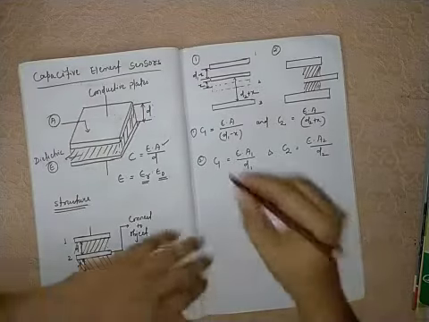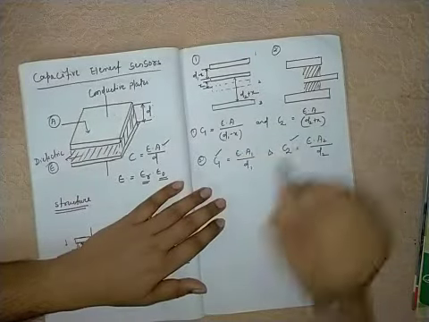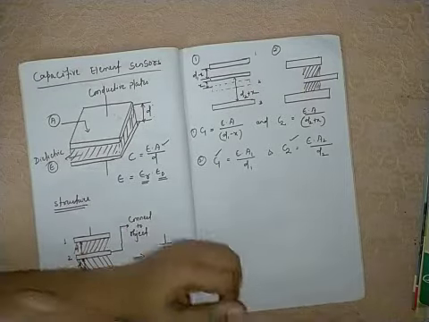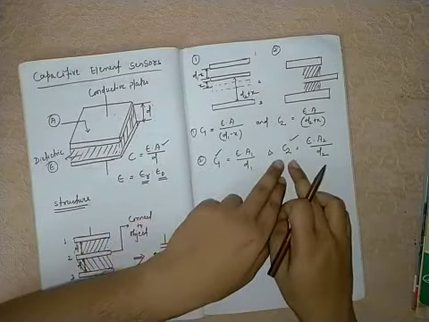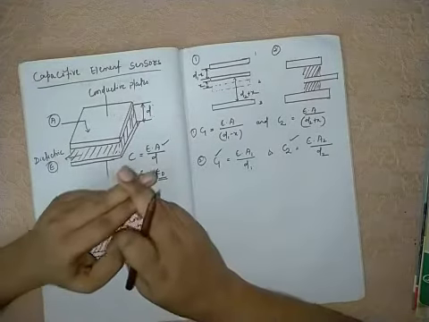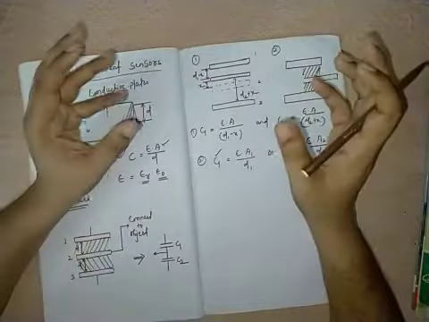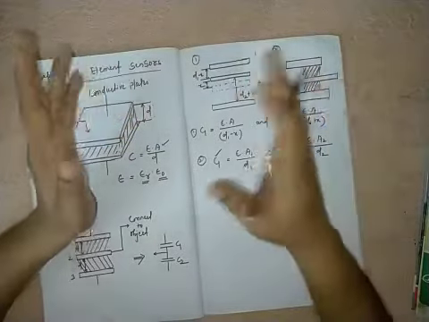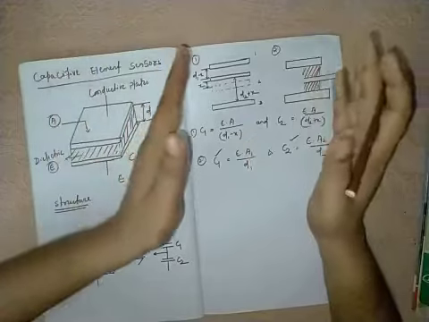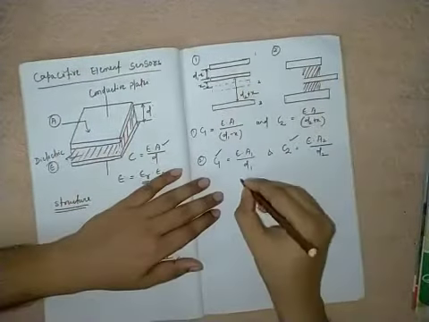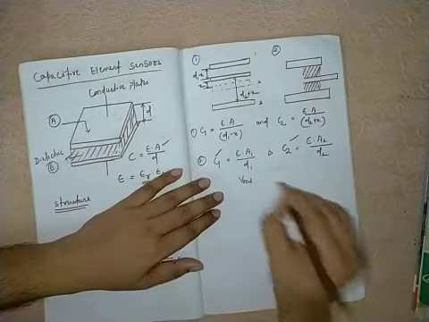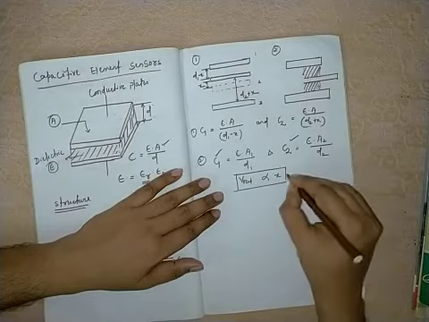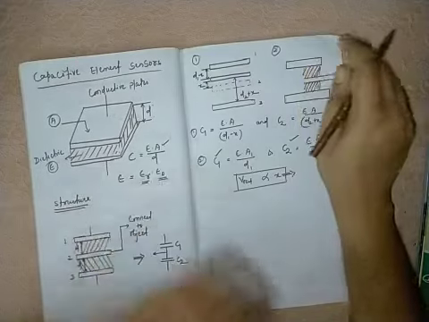Our aim is to first find the values of C1 and C2, and then connect C1 and C2 to the Wheatstone bridge, so that a resultant output voltage is produced, and that voltage will be proportional to the displacement x. That is what we need.